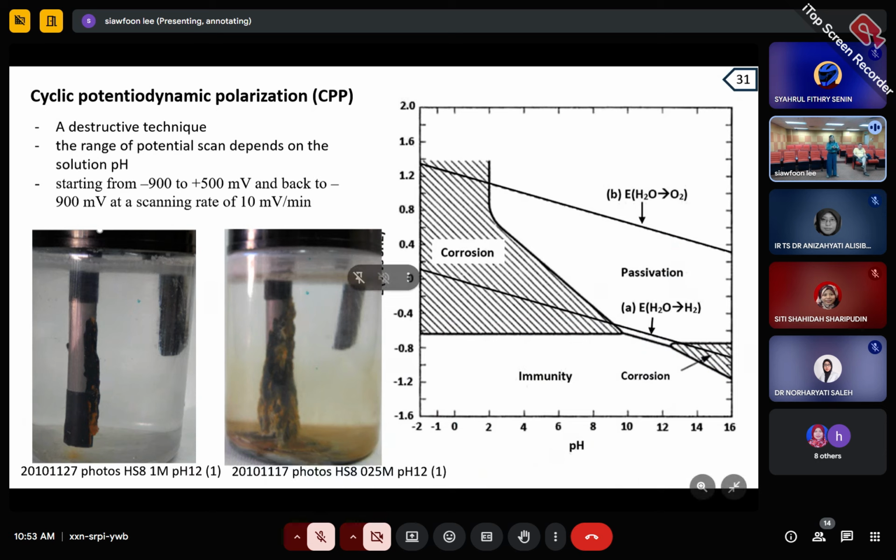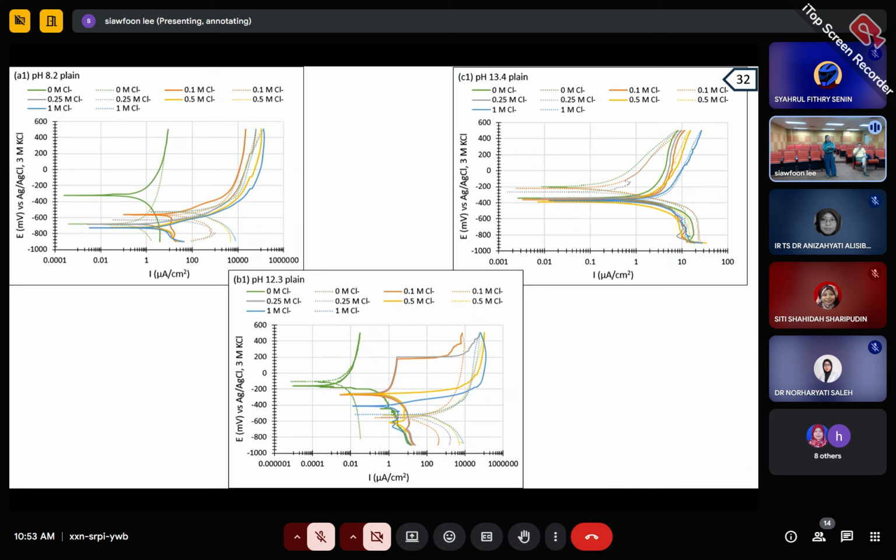When we use this technique, we need to figure out whether there is any passivation zone or not. For example, here the pH is 8.2. When I apply this technique, I go there and I come back, and it's more or less the same.